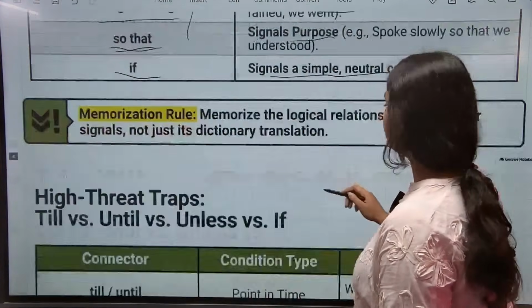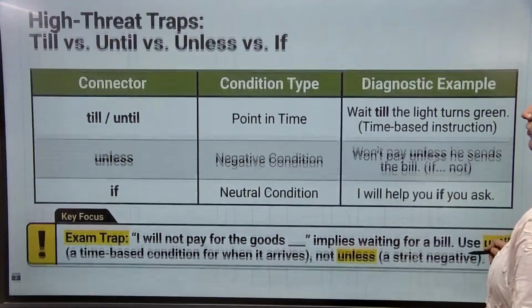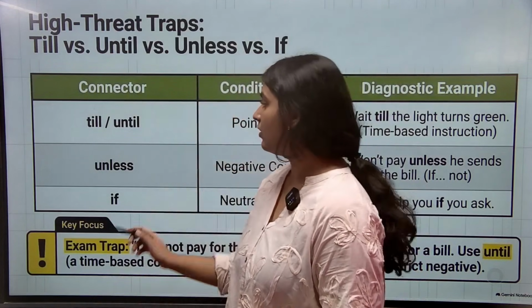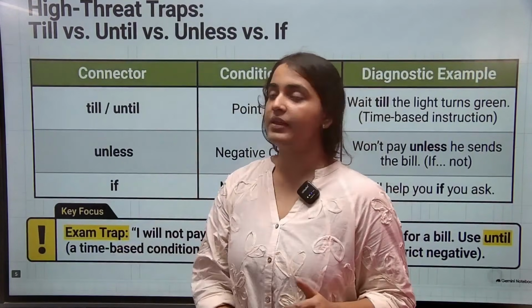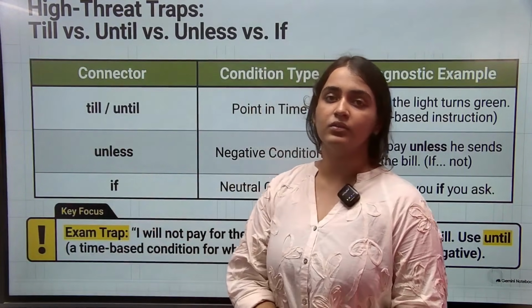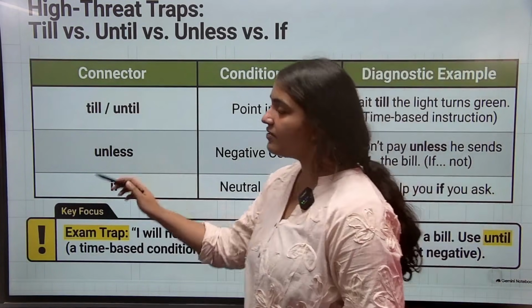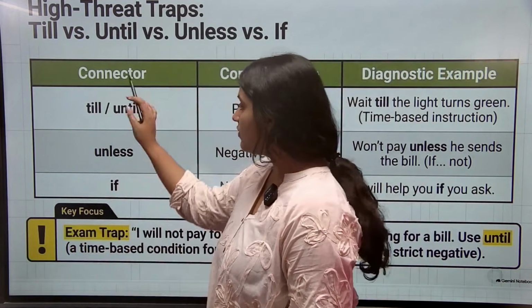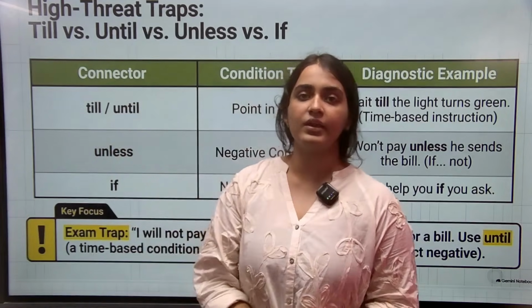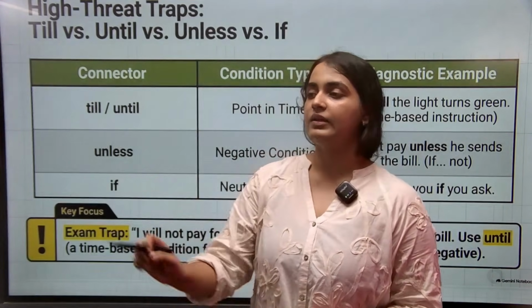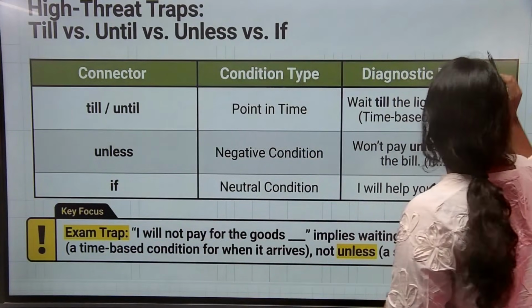Going ahead, I will come to the class or I will study until it is done. This is only for time. Now unless is a condition. Till and until are for time, but unless is for condition. I will do this till I finish something else.